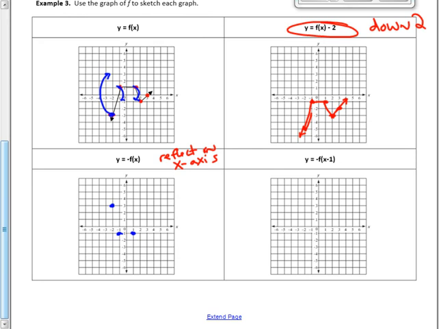So it's going to reflect there. This point is going to reflect once on the x-axis. And then this point doesn't actually reflect on the x-axis. It stays on the same spot because it was on the x-axis. So if you're standing on the reflection point, you don't actually reflect. So this graph looks something like this now.